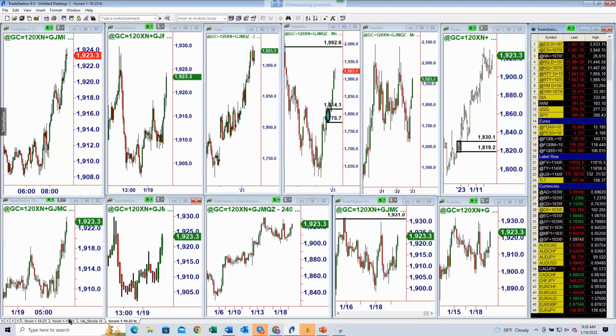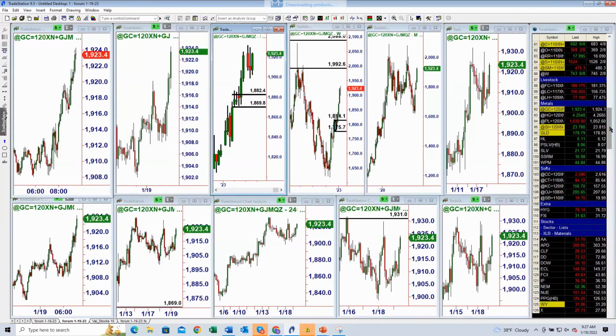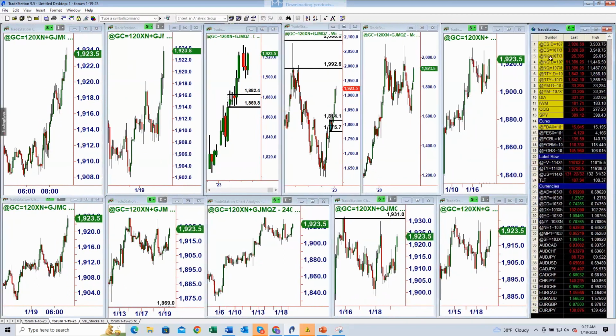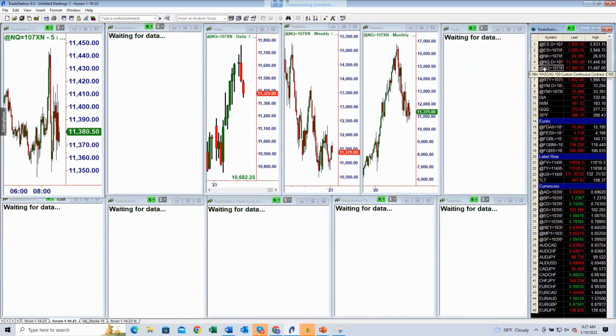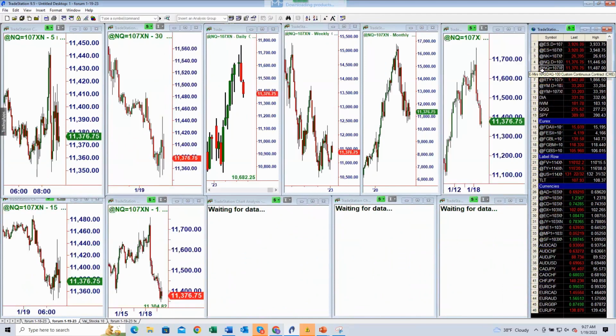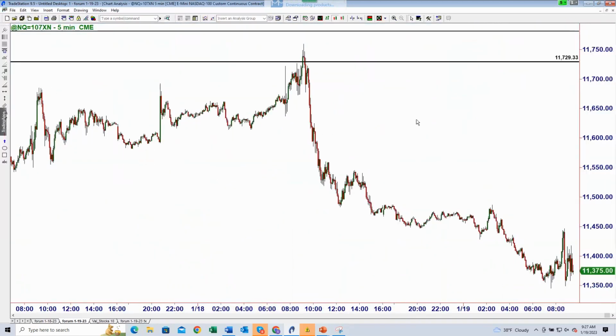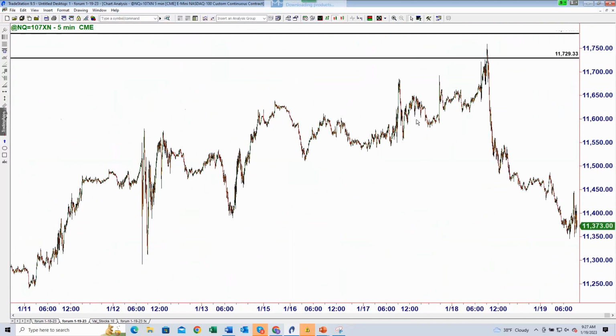So if we move over to the NASDAQ, let's do that. The NASDAQ recently, yesterday, came into a nice outside the range supply zone for us on a very small time frame.